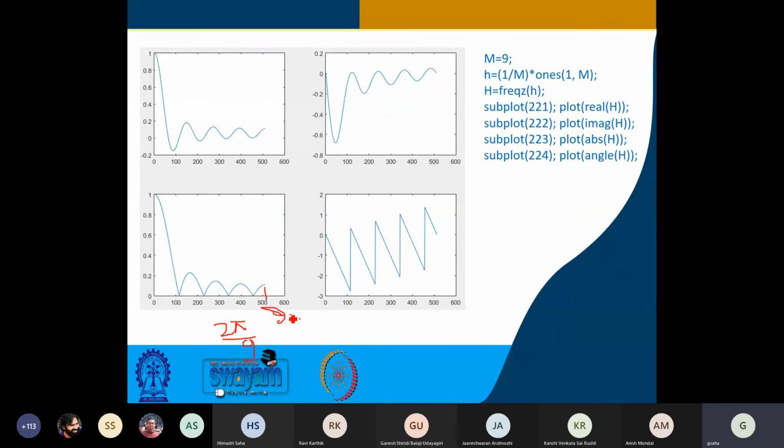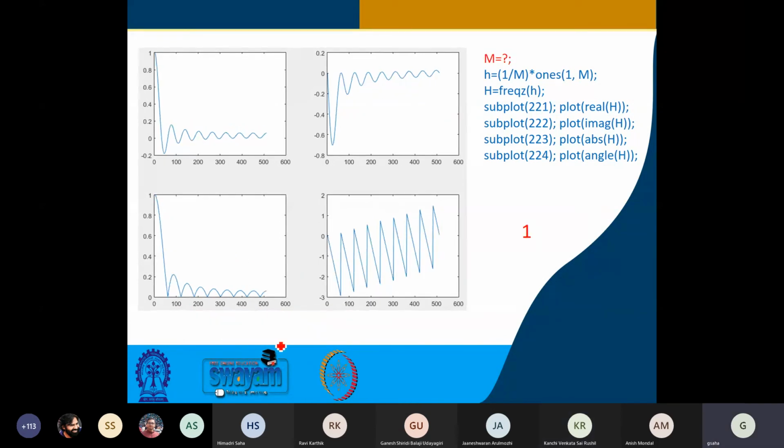And then it is anti-symmetric about this point. So this is your 2 pi by 9, this is your 4 pi by 9, and so on. Is it okay? Yes, sir. Now tell me what is the value of M here.